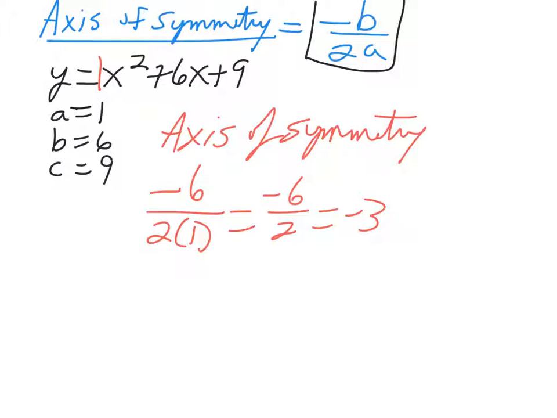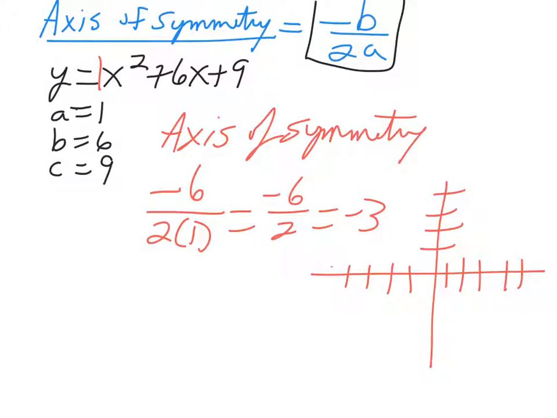So that's my axis of symmetry. So if I graph that, my axis of symmetry is right there at negative 3. So it's going to go through negative 3 there.